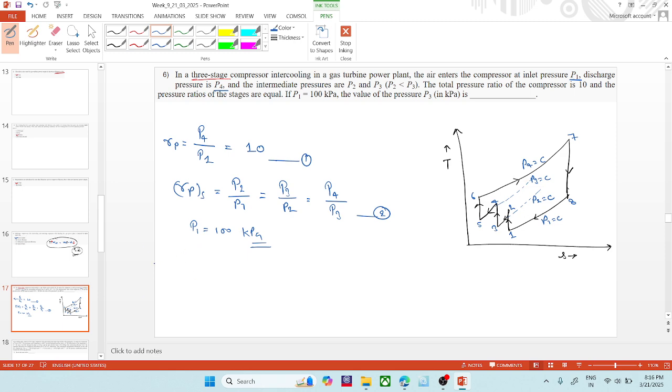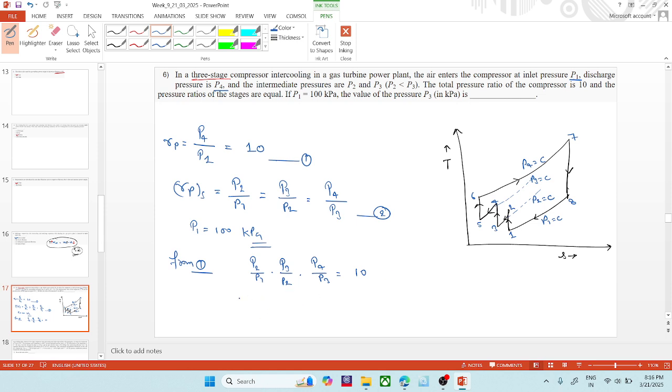So from equation 1, we can write this equation like this: P2 by P1 into P3 by P2 into P4 by P3. The rearrangement would be the same. P2 will get cancelled by P2, P3 by P3. So overall this is P4 by P1.